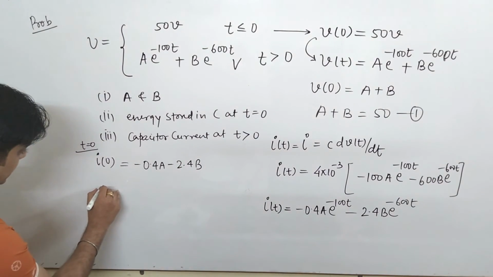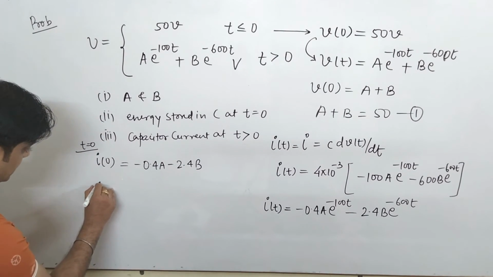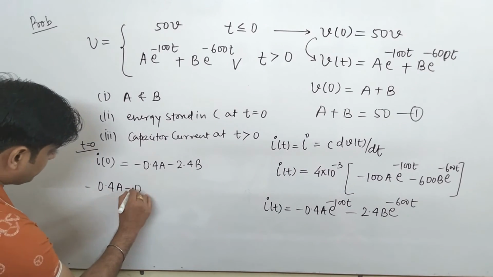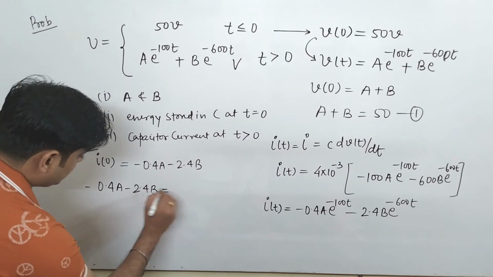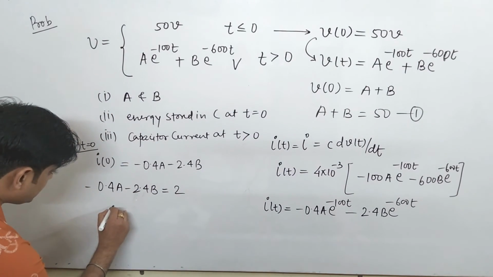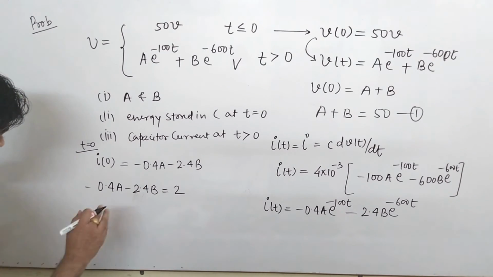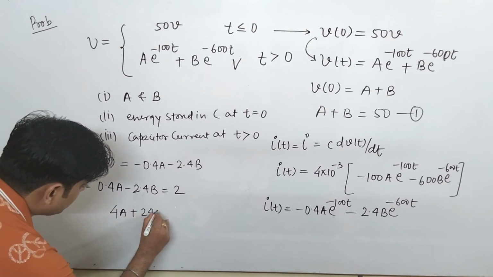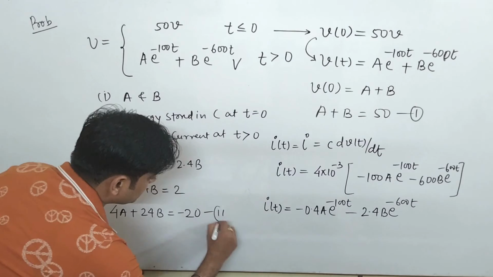So 0.4a plus 2.4b is equal to 2, or removing the minus sign and multiplying by 10, that comes to be 4a plus 24b equal to minus 20. This is your equation 2.